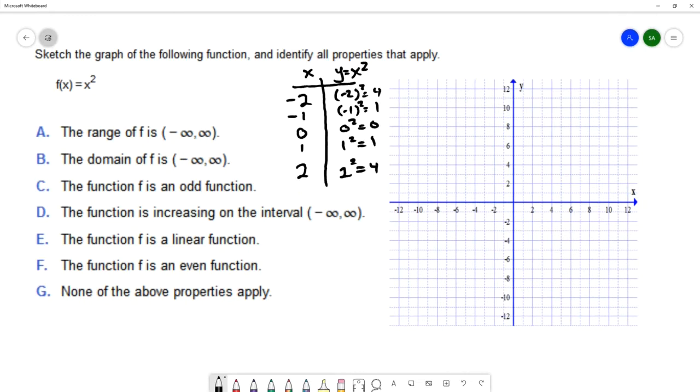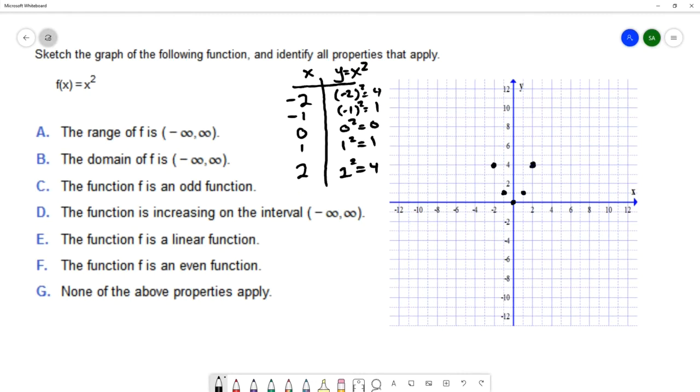So now we have 5 ordered pairs that we're going to plot. We have (-2, 4), (-1, 1), (0, 0), (1, 1), and (2, 4).